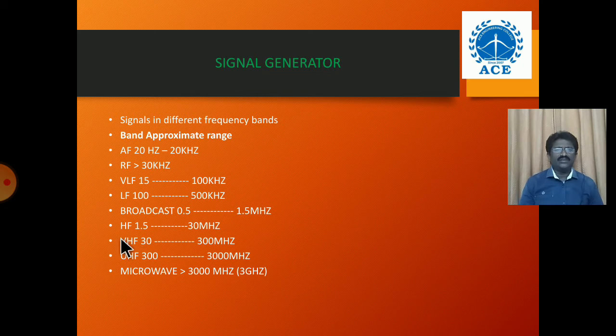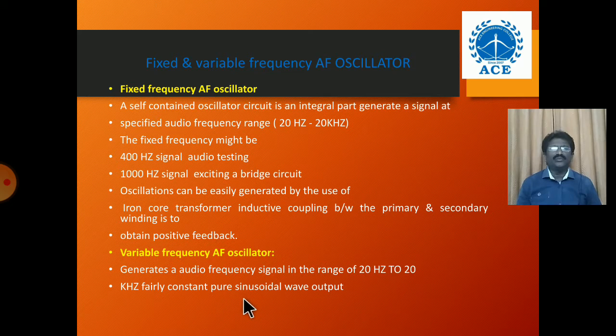That means with the help of the frequency selector, you can generate waveforms in this range. So this is the use of the signal generator.